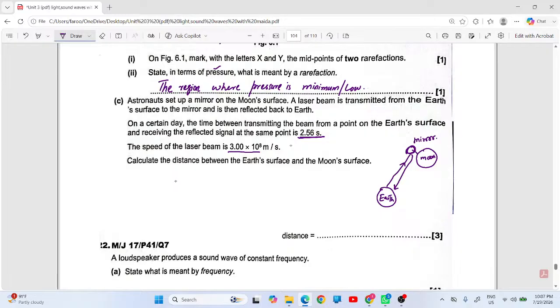The distance covered by the laser pulse, आने जाने दोनों, equals speed into time. So 2D equals VT.